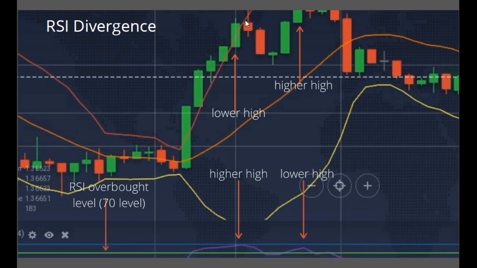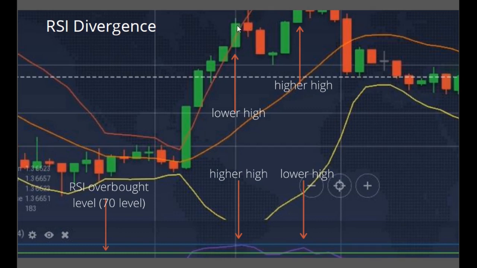Okay, so at every level, whether support or resistance, there is a corresponding level on the RSI. You can see at this support level, the corresponding level is this level here on the RSI. So at the level up there, there's also a corresponding level on the RSI. So what happened? The divergence is when the levels do not follow the same transition.